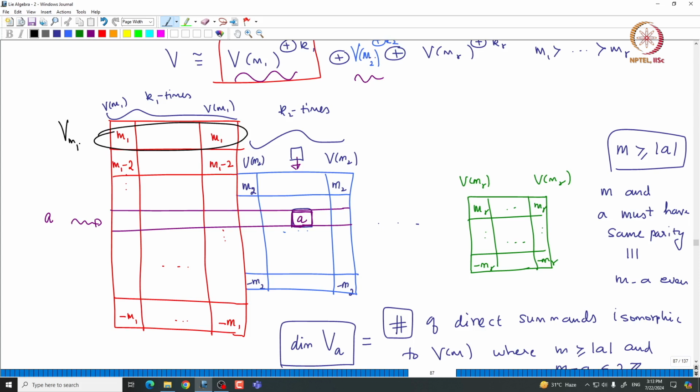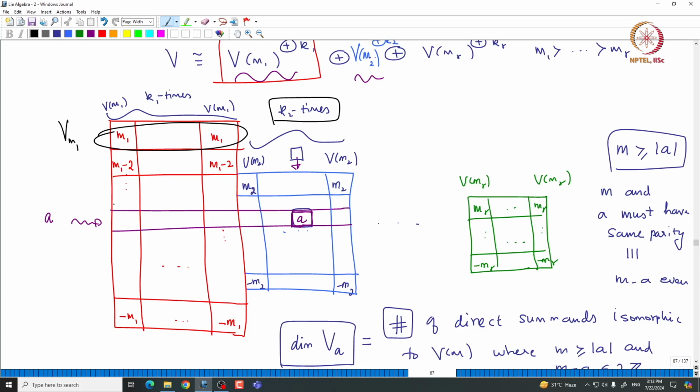So, now if we go to V of m2, how can one calculate this K2? Let us see. If we are interested in calculating K2, we are interested in calculating everything in terms of capital V. So, we have to say everything in terms of weight spaces of capital V. That will be sufficient.